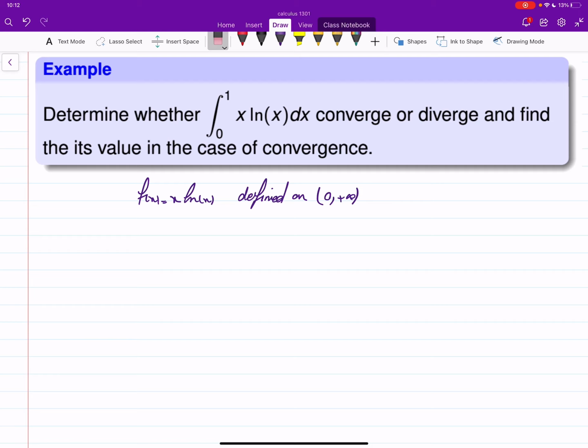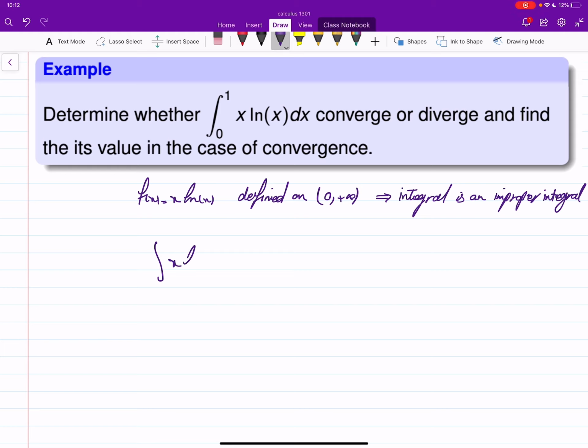So it is an improper integral. It's not a regular integral. An improper integral means that you have to have one integral and one limit. Okay, how do we do this?